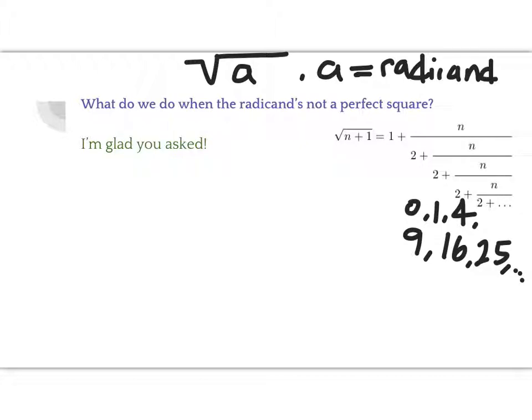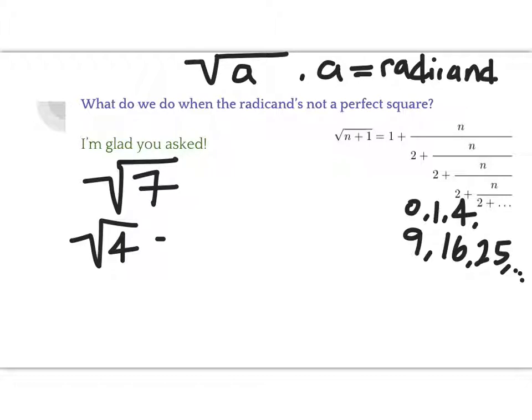So what if we have the square root of a number that's not a perfect square? Say the square root of 7. Notice 7 is not a perfect square. There is no number times itself that equals 7. So we look in between. I notice that 7 falls between 4 and 9.